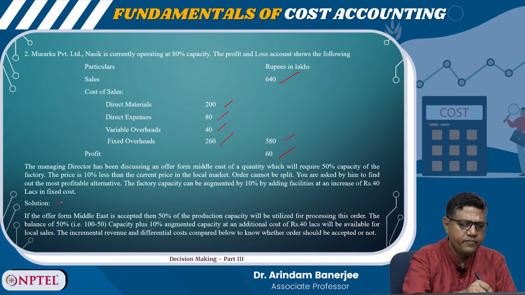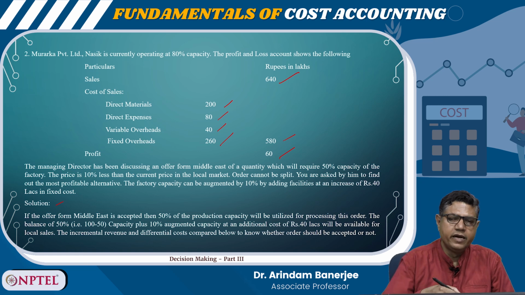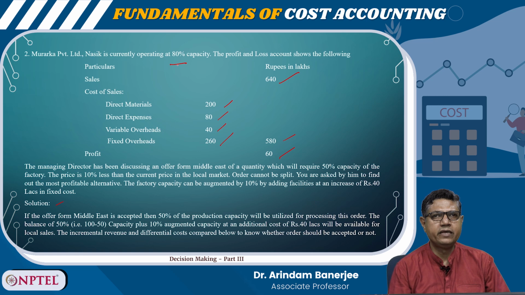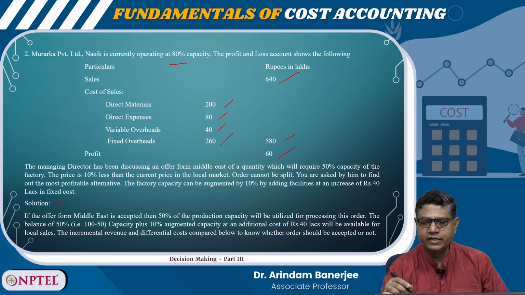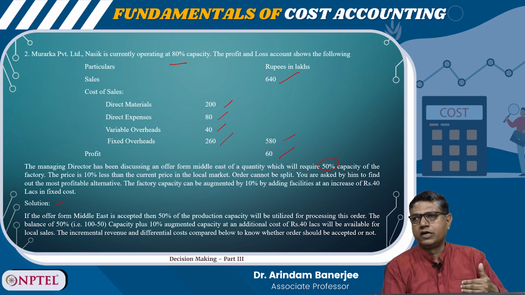Let us see the solution. If the offer from the Middle East is accepted, then 50% of the production capacity will be utilized for processing this order. It is already operating at 80%, but if the offer is accepted, then of course 50% capacity it will require. So, it needs to curtail the local production.